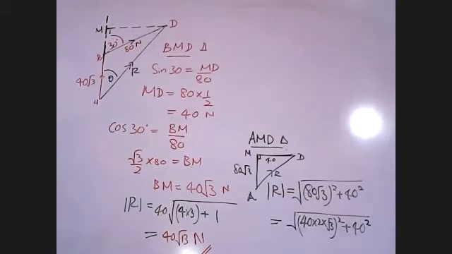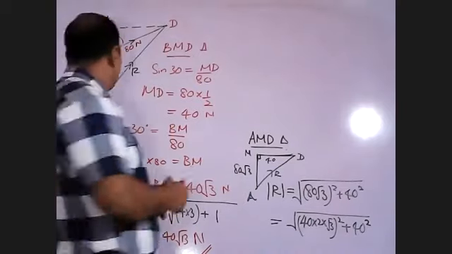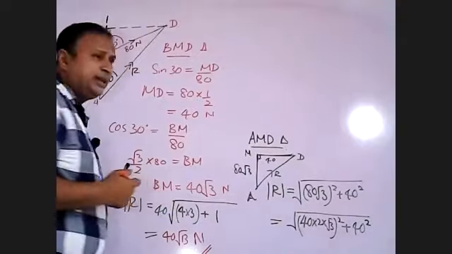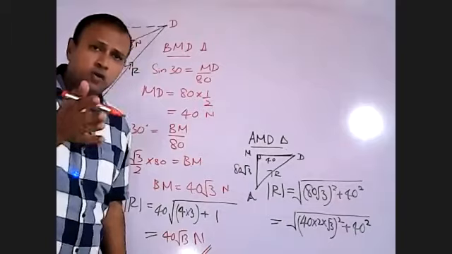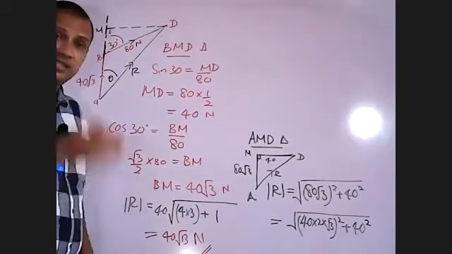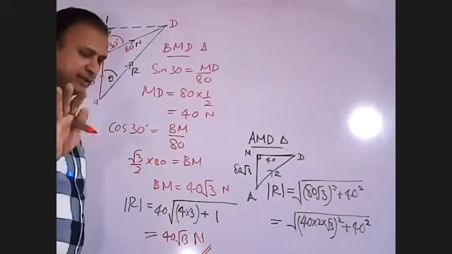Then you have to find the angle. How to find the angle? Again, you should state the triangle you are going to use to find this angle. State the triangle, that is a must.